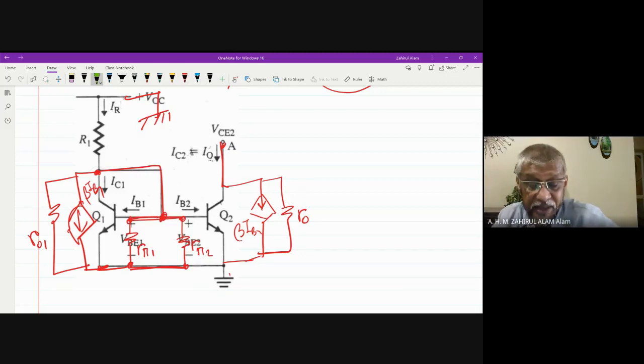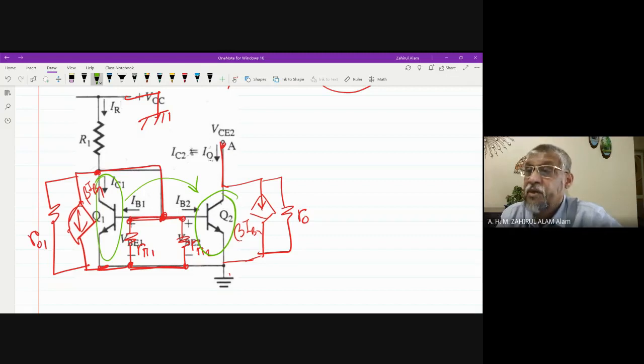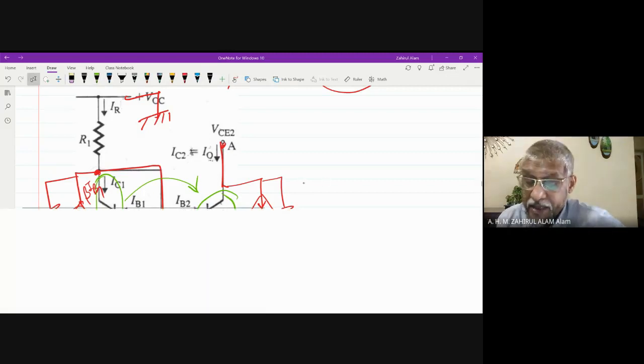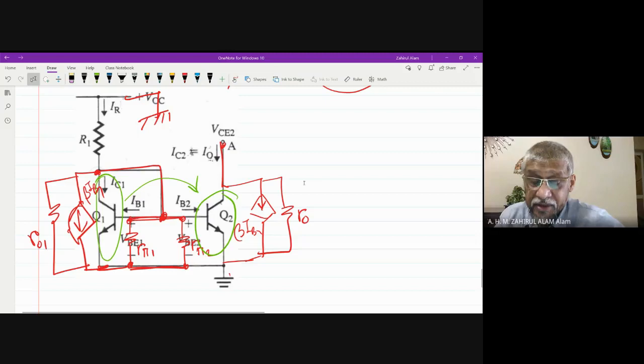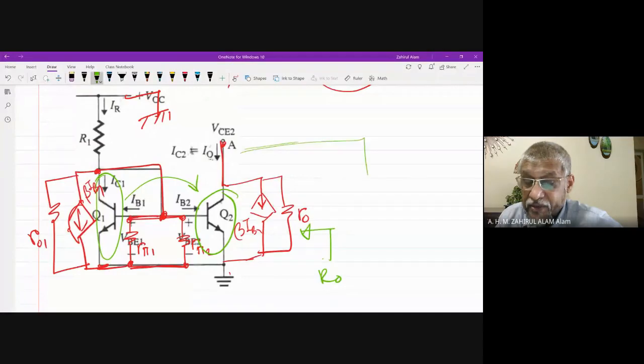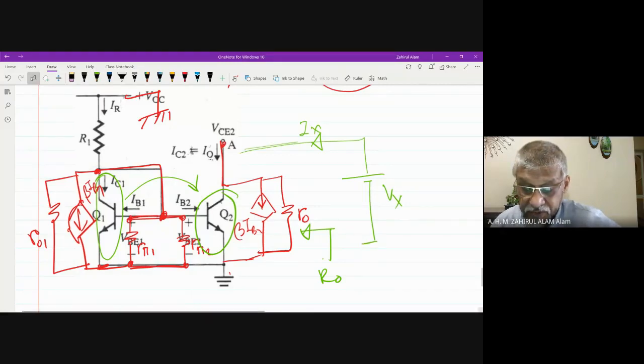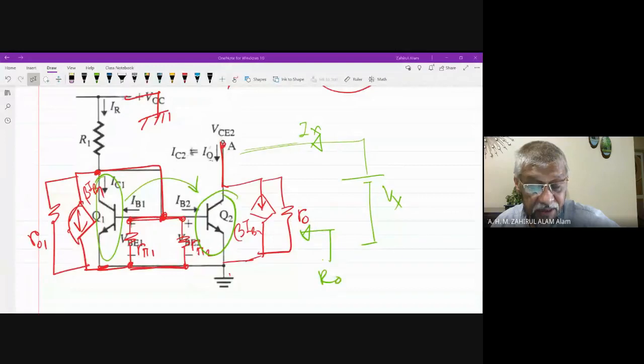After drawing this equivalent circuit, we need to remove these components, and then it becomes the equivalent circuit diagram. If we need to find the equivalent resistance at this point, which we are not going to do here, then we apply a voltage source Vx and calculate Ix. Now let us look at a nice diagram of this circuit.